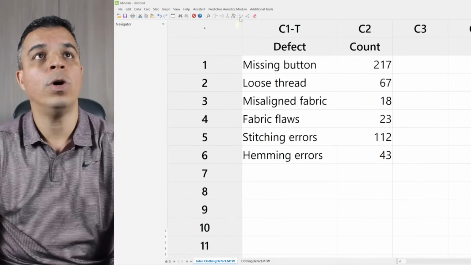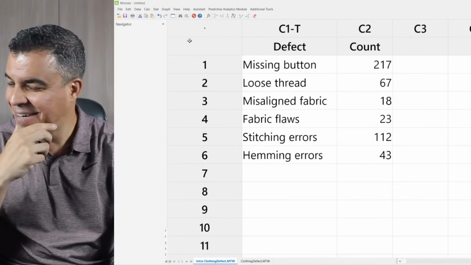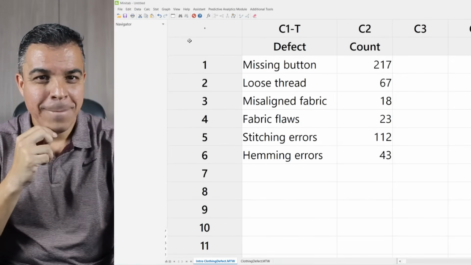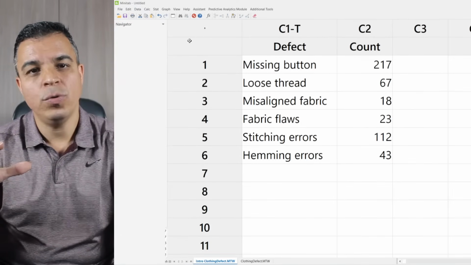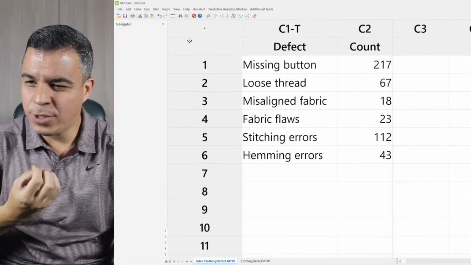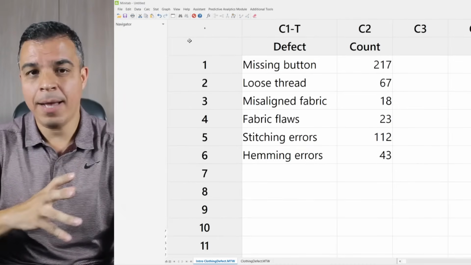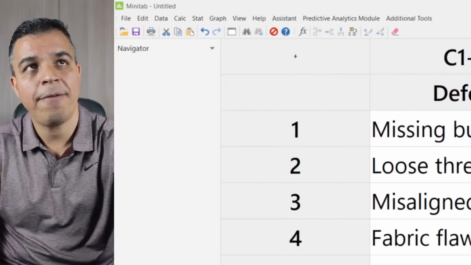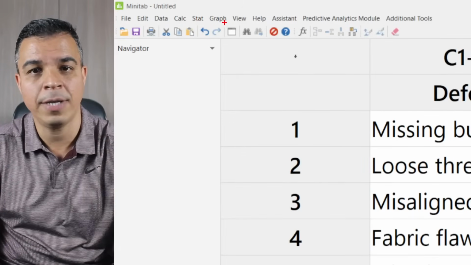Again, if you are a Minitab user, here there is a trick. Even knowing that Pareto is a graphical tool, because it's so famous and so much used in quality management, Minitab decided not to place it under Graph, so you will not find Pareto there.